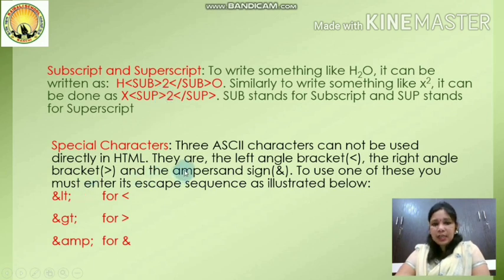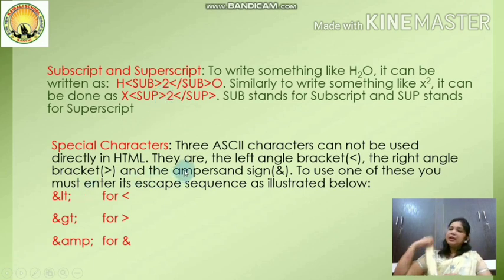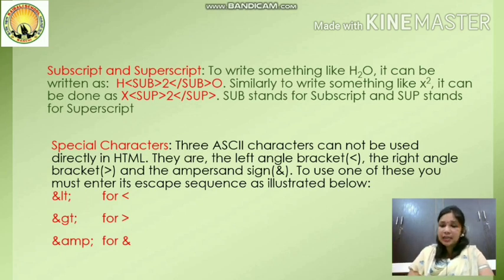Next are special characters. We know that the left angle bracket and right angle bracket are special characters which we use while writing tags, like the lesser than and greater than signs. Every tag is written inside these two symbols only. If you want to use these two characters directly inside your web page, you cannot. For that, you will have to use some special characters. Wherever you want the lesser than sign, instead of writing that, you will use a special code.